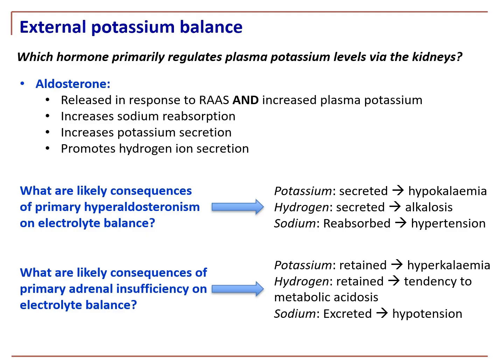Remembering, of course, that in primary adrenal insufficiency, this is also where cortisol is made. So there will be a lack of cortisol in this condition, and that can lead to hypoglycemia. That isn't a focus of this session, but it is important to remember that in primary adrenal insufficiency, you are getting a lack of both aldosterone and cortisol.